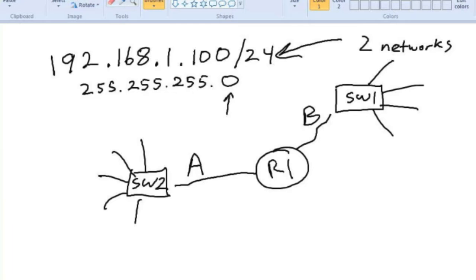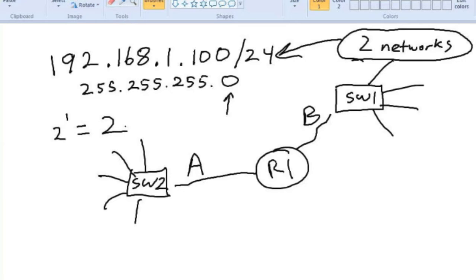Now, by the way, from the math of it, how many bits do you need to borrow to create 2 networks? Well, if you borrowed 1 bit, 2 raised to the 1 equals the number of networks you could create, and that would be 2.